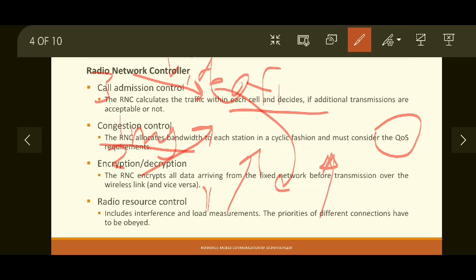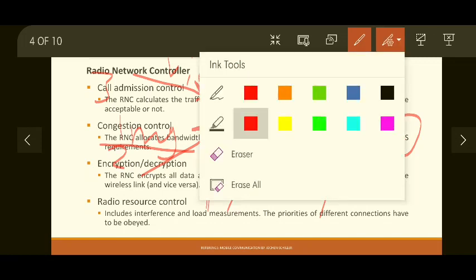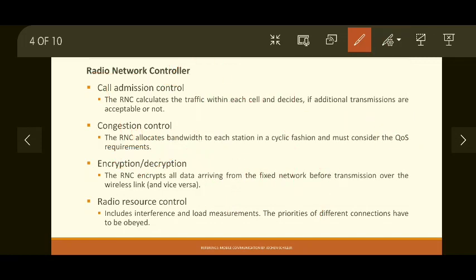Based on that, the availability of the channel and the QoS parameters supported by that channel, the RNC will decide who is given first access to this particular F1, who second, and who third, and that is how QoS will be maintained. So congestion is avoided by allocating the bandwidth to each station in a round robin manner.